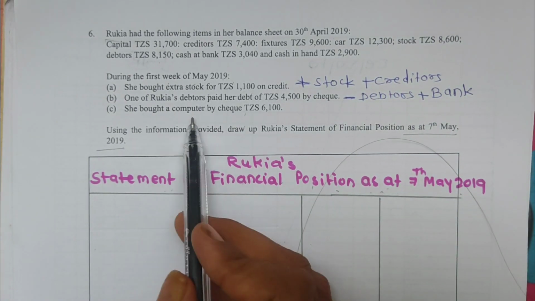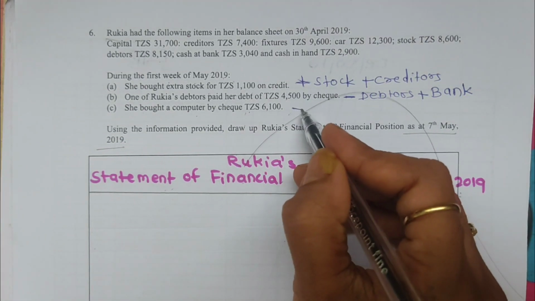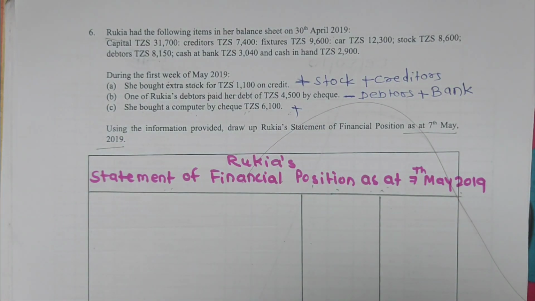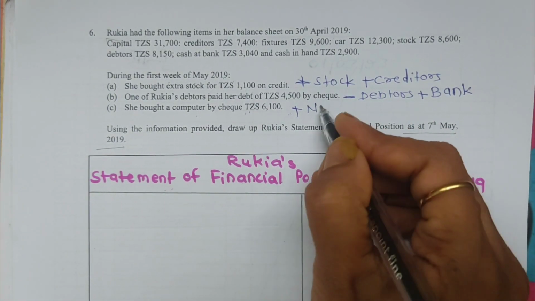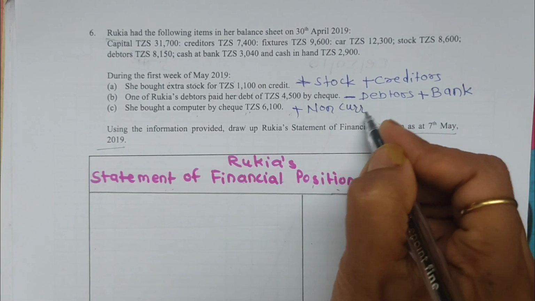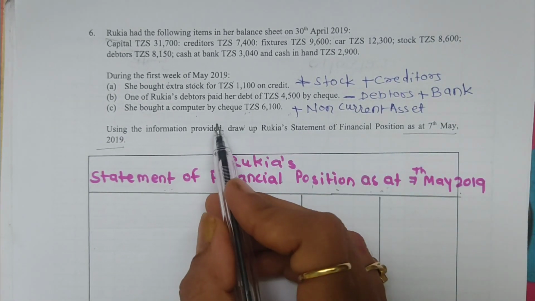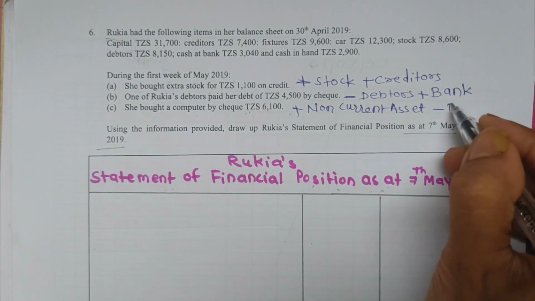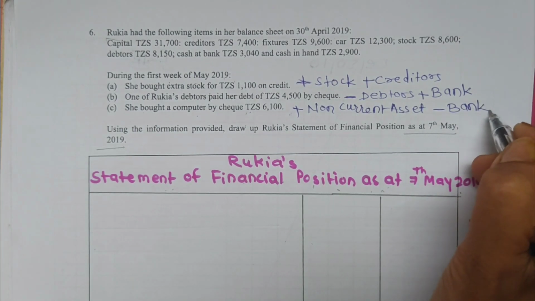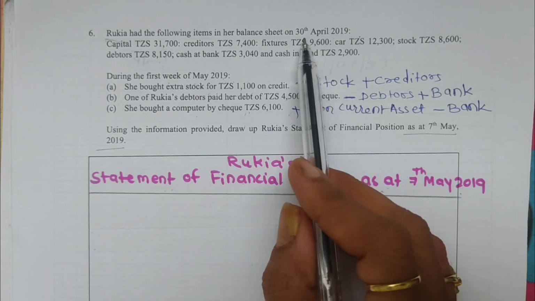Third one, she bought a computer by check. So when she buys a computer, there will be increase in the non-current asset, as computer is non-current asset, that is fixed asset, and as it is by check, we have to reduce from the bank. See students, balances are given as on 30th April.